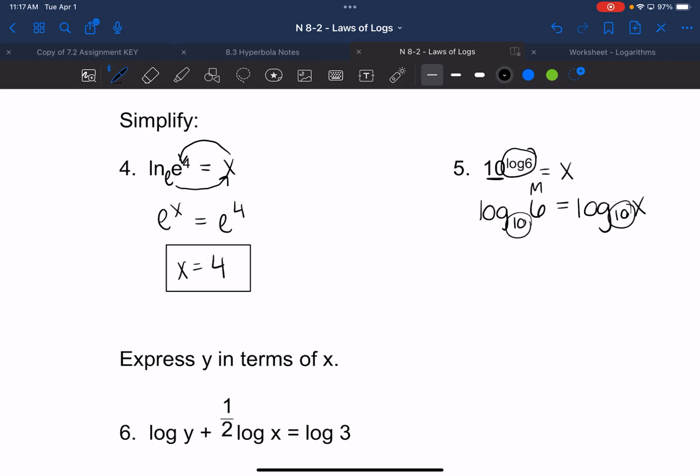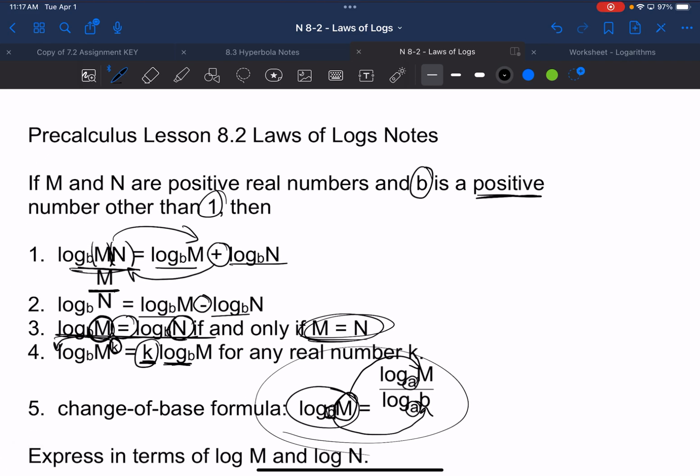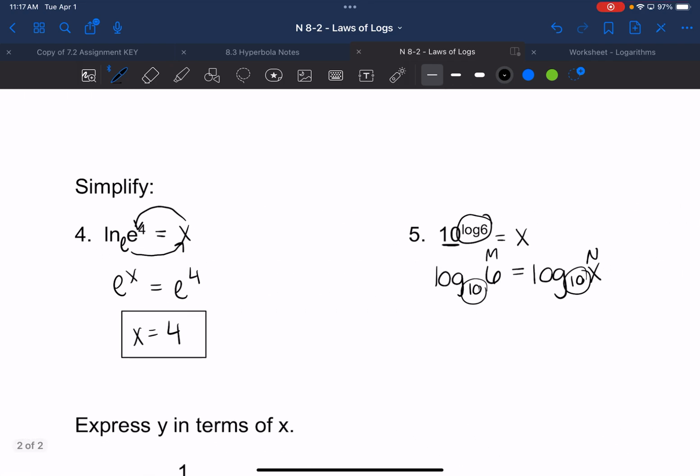This is like your m, this is like your n, right? So that was rule number 3. So if we have logarithms like this, then we know m equals n. So what equals what? X equals 6. Right. Basically, you get to ignore the logs and set the other stuff equal to each other. Kind of like with your exponential functions. When we got a common base, you ignored the bases, right? You cross them out. You set your exponents equal to each other. So same kind of rule here.